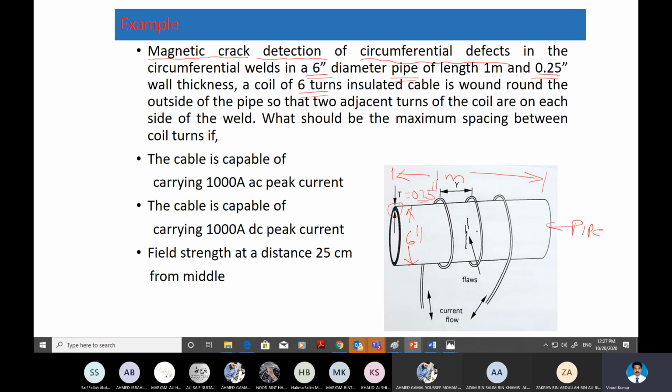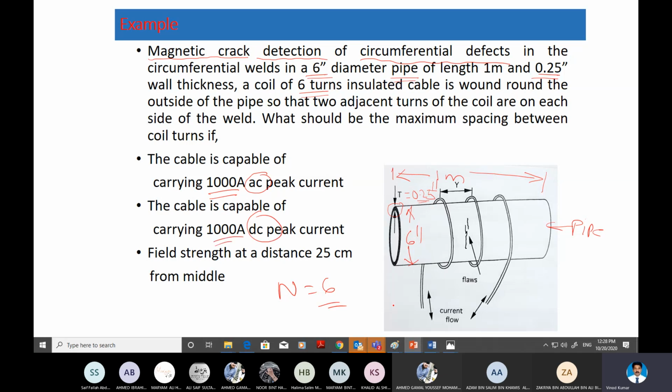Now we have a coil here. This coil has 6 turns, so N, the number of turns, is equal to 6. The cable is wound around the outside surface of the pipe. So the question is, we are supplying a current of 100 amperes if it is AC and 1000 amperes if it is DC.